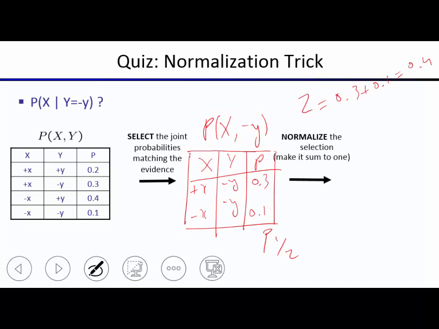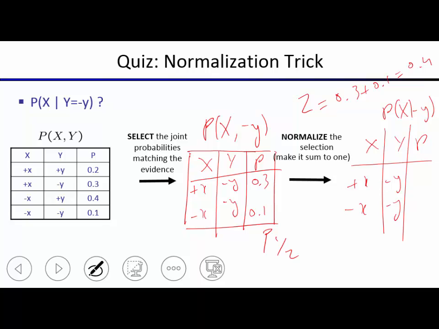We end up with, in this case, x, y, p: plus x, always negative y. We now have the table for x given negative y, and we divide by z, which is 0.4, so we have 0.75 and 0.25.